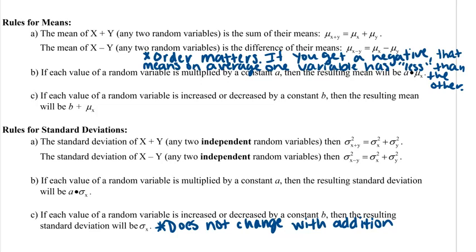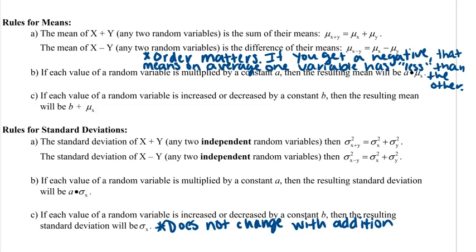If you want the average time of assembling the box and painting the box, you're going to add those two things together. Same thing for subtraction. If you want to find the average difference in assembling the box and painting the box, you would just subtract those means.